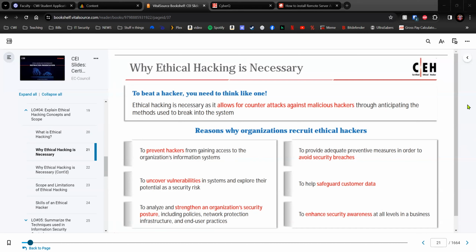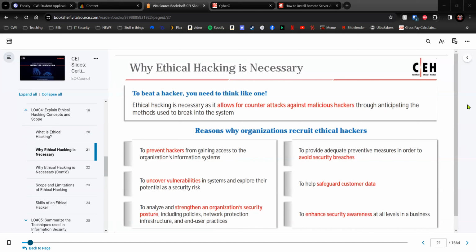So yeah. Why is it necessary? To beat a hacker, you have to think like one. Ethical hacking is necessary as it allows for counterattacks against malicious hackers through anticipating the methods used to break into the system.